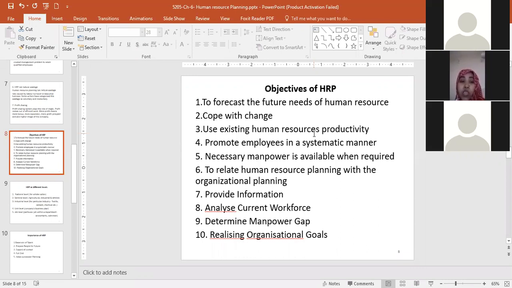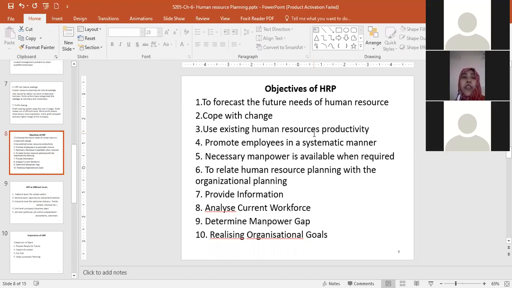In the absence of a manpower plan, it may be difficult to ensure regular promotion to competent people on a justified basis. So a human resource plan is very important for a company.